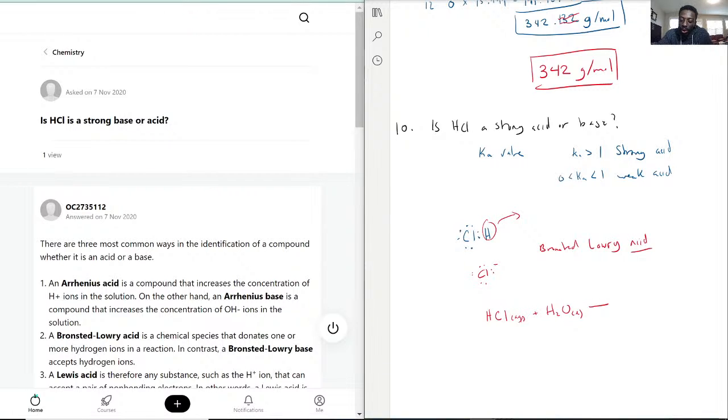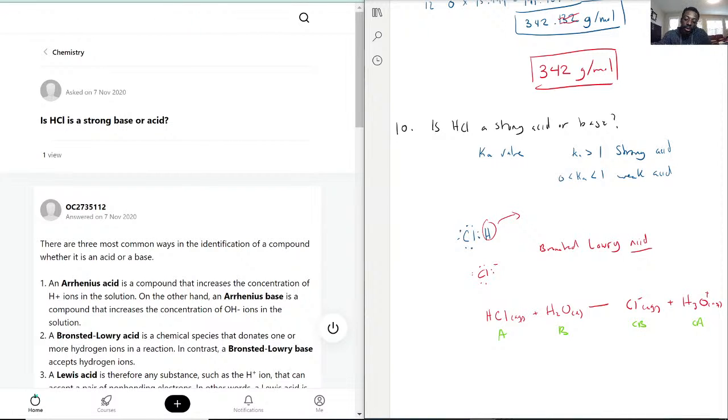It would go over to form Cl minus plus H3O plus, making this HCl the acid, this the conjugate base, and H2O the base, and that its conjugate acid.